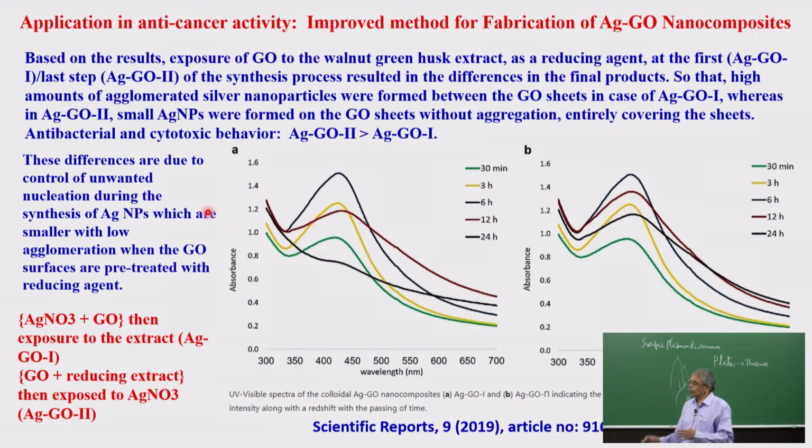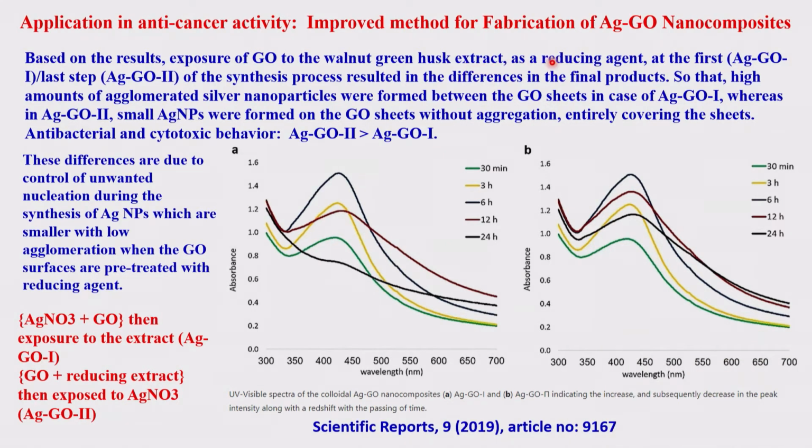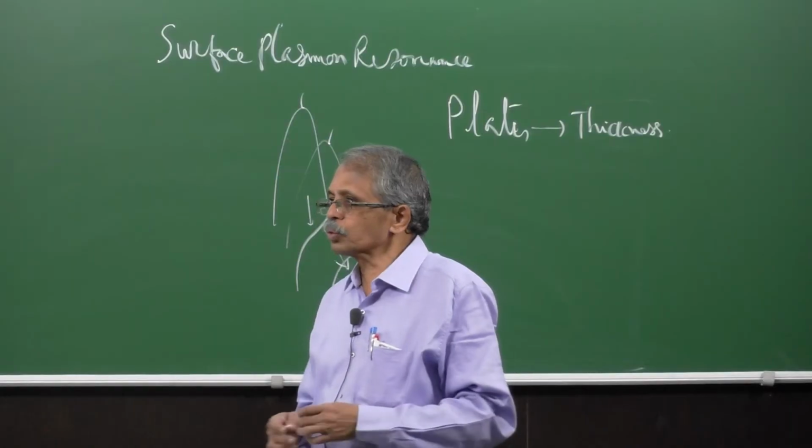This can be done in two ways. For example, you take graphene oxide, and then you expose it to the extract, the reducing agent. First you take the silver nitrate, then you expose it to the reducing agent. In the other case, you take the graphene oxide, expose it to the reducing agent, then add the silver nitrate. So there are two ways.